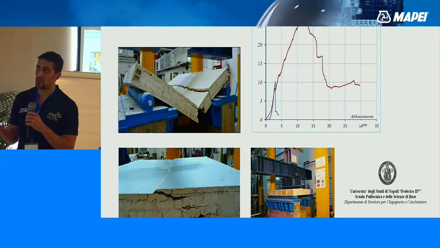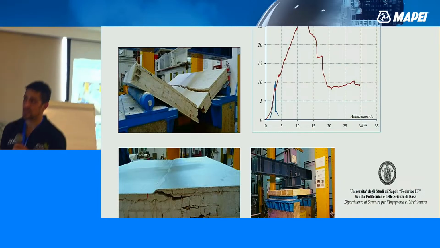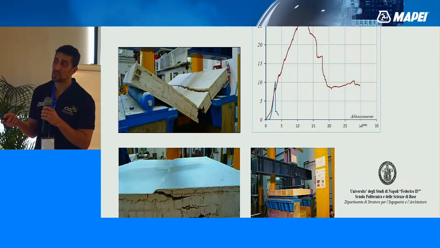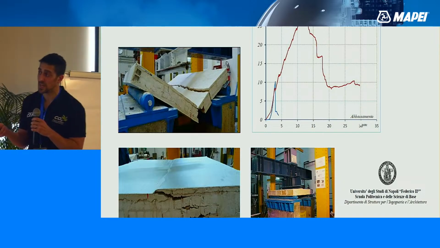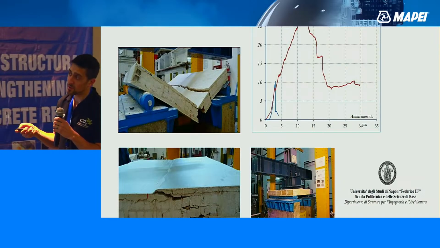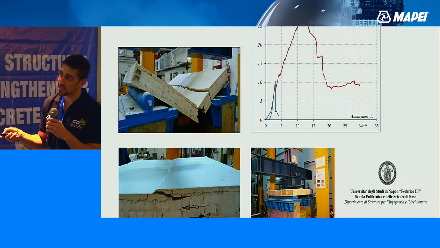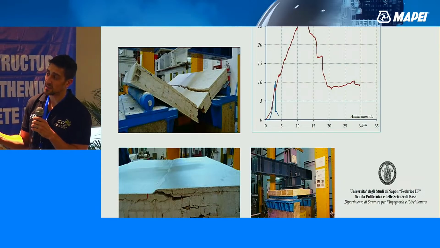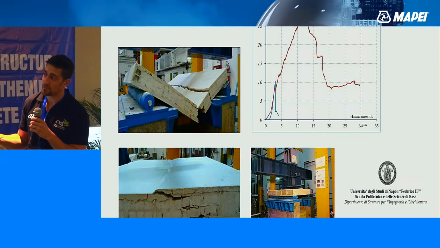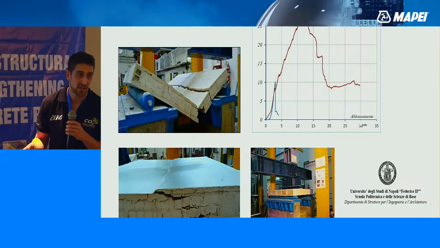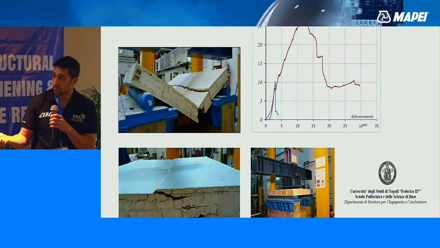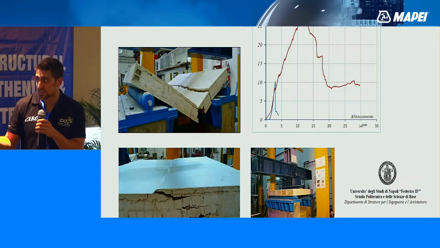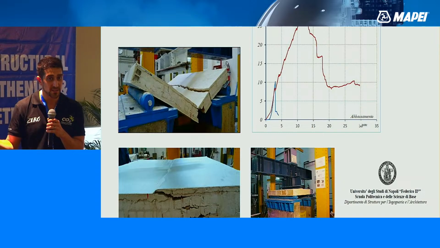These are some tests that we made. You can see that this sample underwent a three-point bending loading test. Up to a certain amount of load, we reach failure, and it suddenly breaks in the middle and collapses. By applying this material, we face the same complete failure of the element, but the glass fabric was able to maintain a certain capacity.